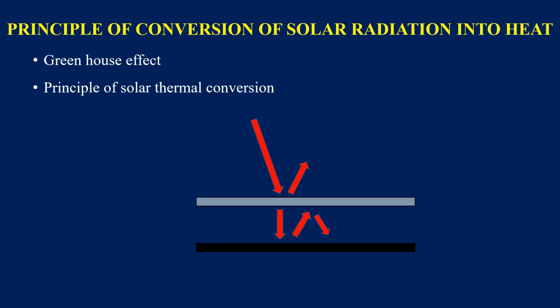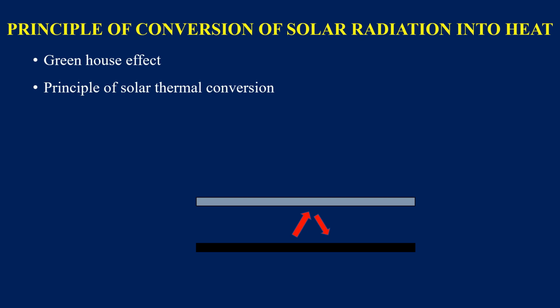When the solar radiation is incident on this glass cover, partly it is reflected and partly transmitted. So when this solar radiation falls on the absorber, the absorber will re-emit infrared radiation, which we call heat, and glass will not allow infrared radiation to escape from the device.